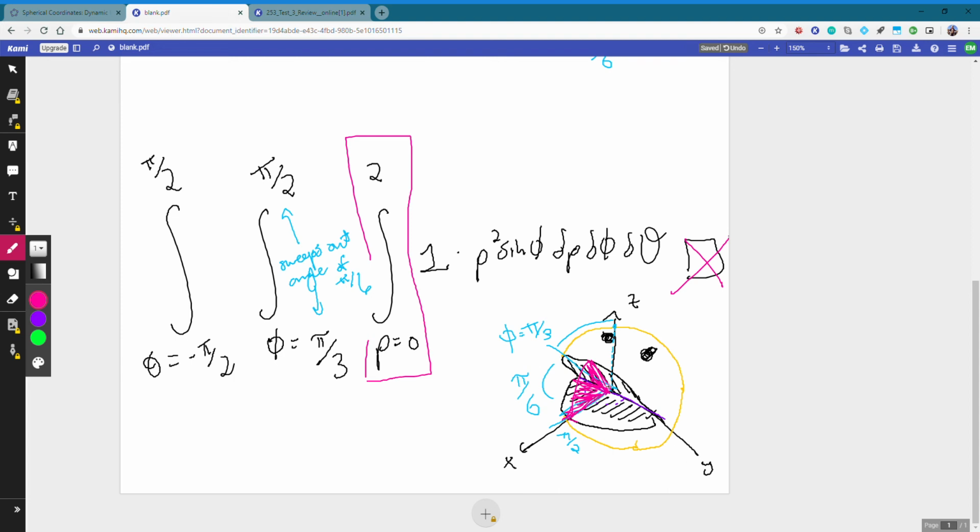But notice if we change our theta, if we swing this a little bit, let's say all the way up to pi over 2, so now we're looking straight along the y-axis. Notice Pacman's mouth is actually shut along the y-axis. That's one of the creases of his mouth. And so we don't want to use these angles anymore.